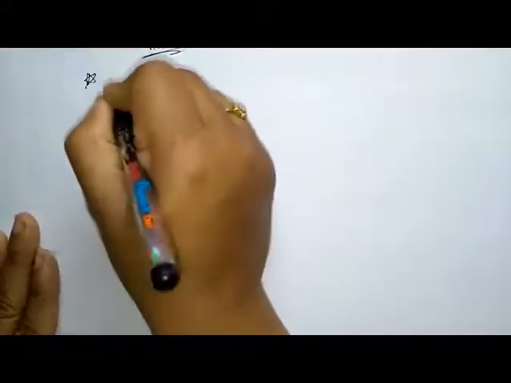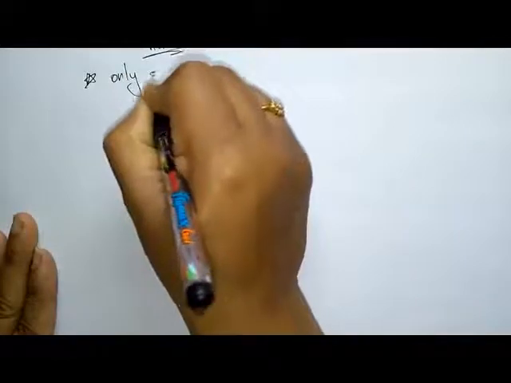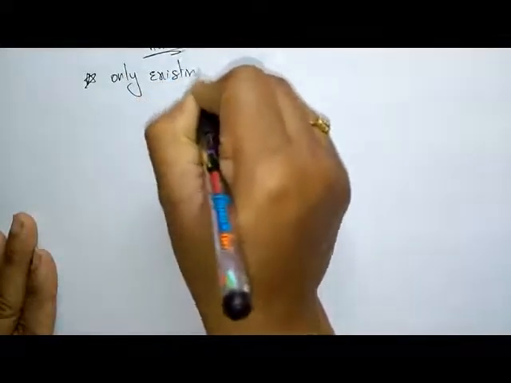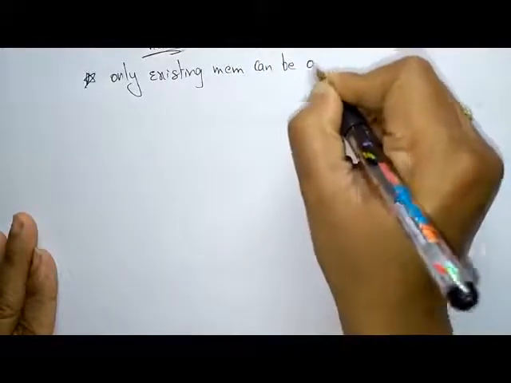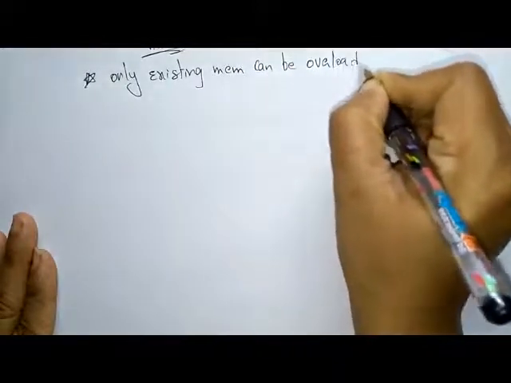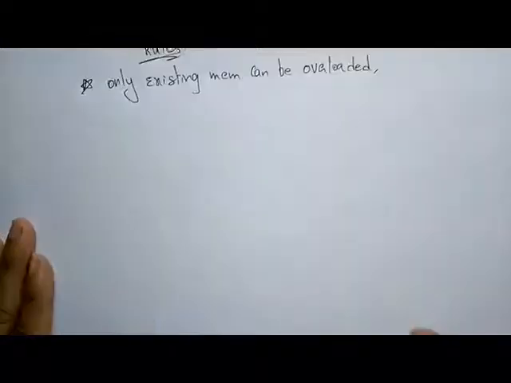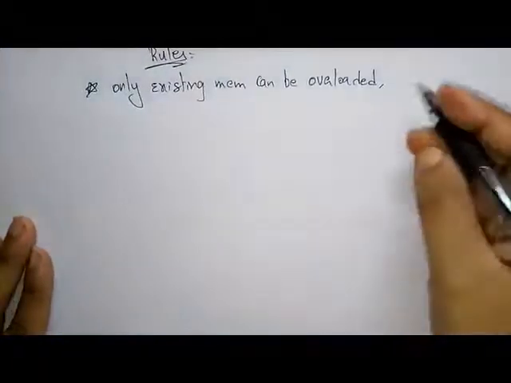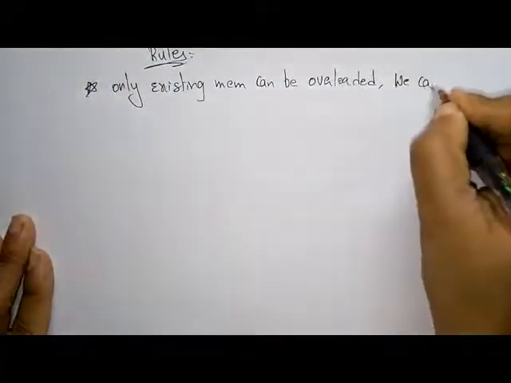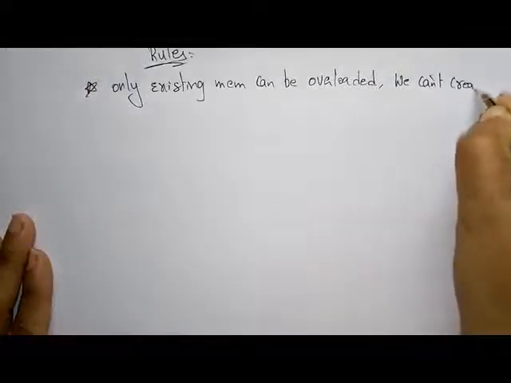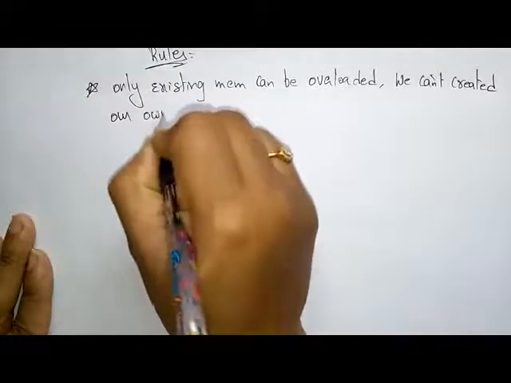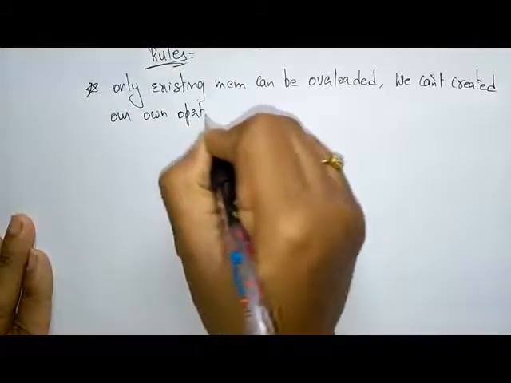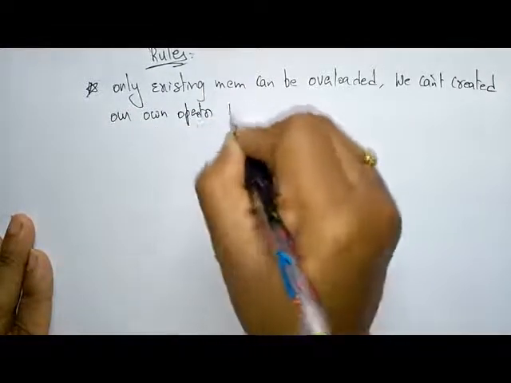Let's see the rules. The first one is only existing member can be overloaded. Only existing member can be overloaded means we cannot create our own operator to overload.